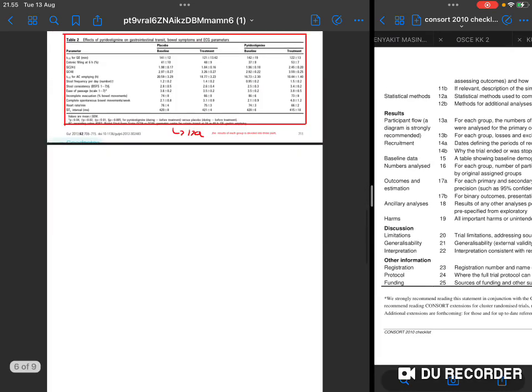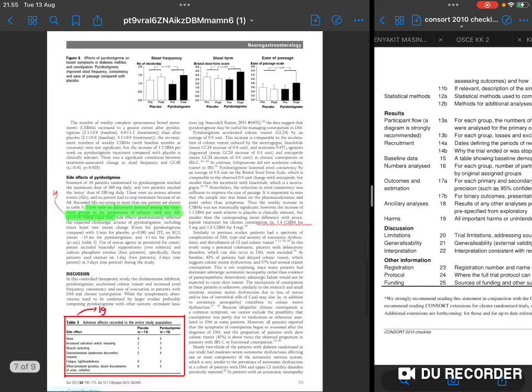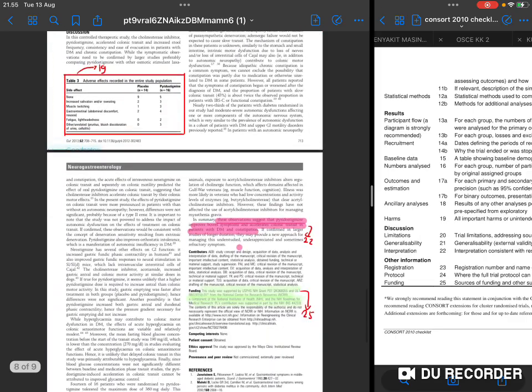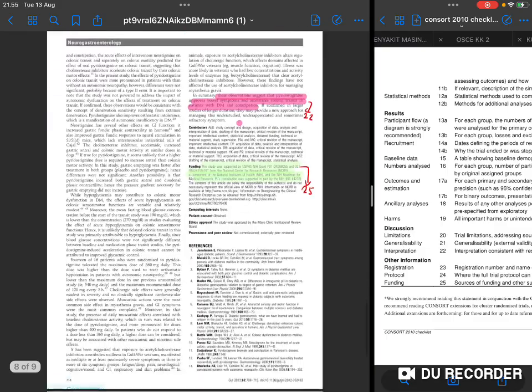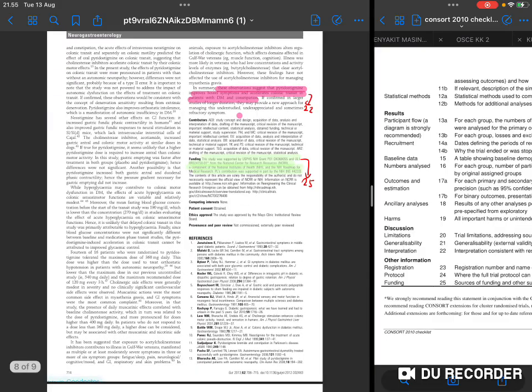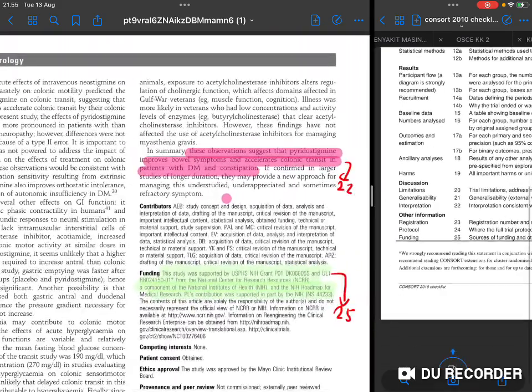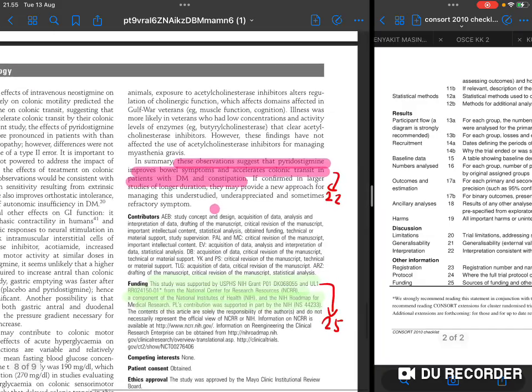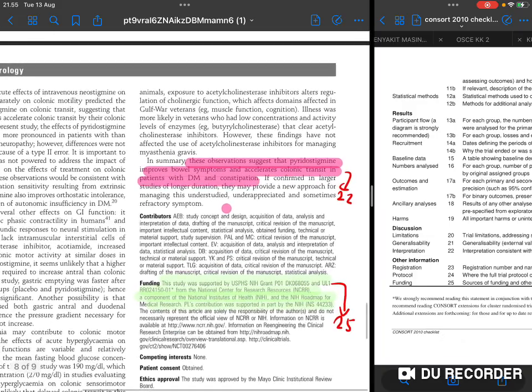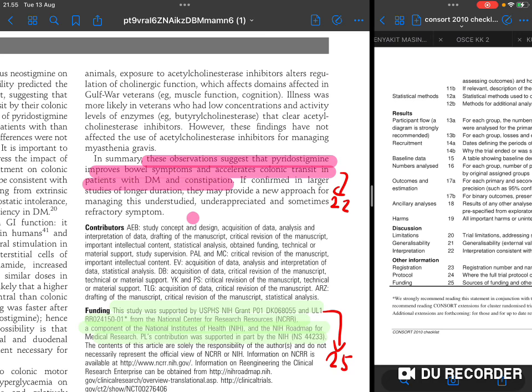I can find the number 20 containing limitation. Is there no limitation? Maybe we could skip to the next part on the checklist. There is number 22. 22 is interpretation. So these observations, such as that pyridoxine improves bowel symptoms and accelerates colonic transit in patients with DM and constipation.